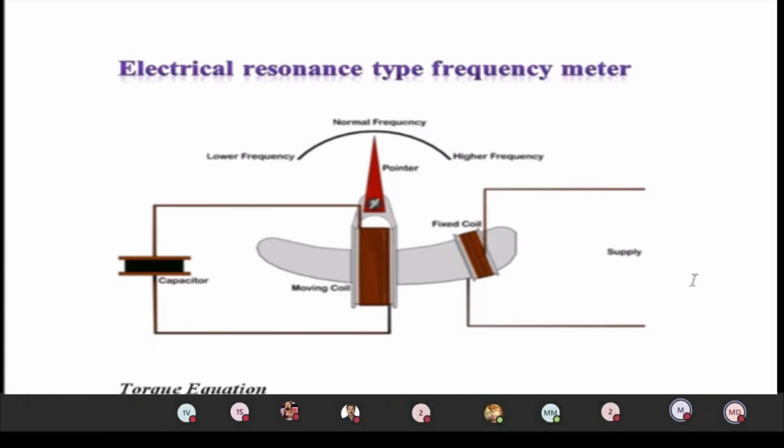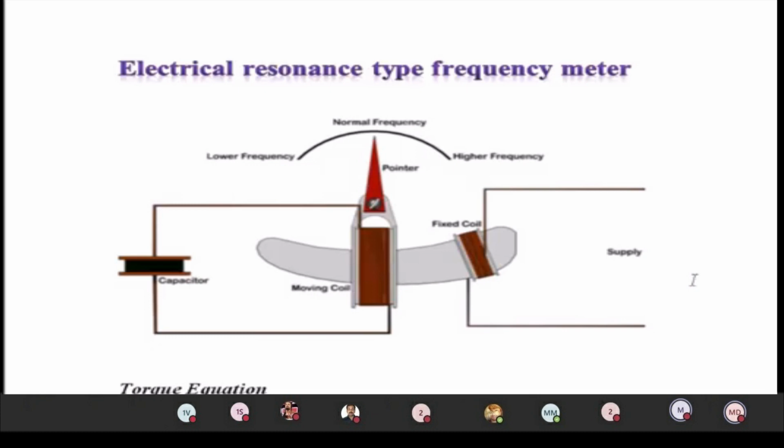So the pointer is going to stand particularly at some point. Suppose the supply frequency is normal, it is going to indicate the normal frequency. So we can mark that point as normal frequency. Suppose the frequency has been suddenly increased, again the fixed coil is going to attract the moving coil.